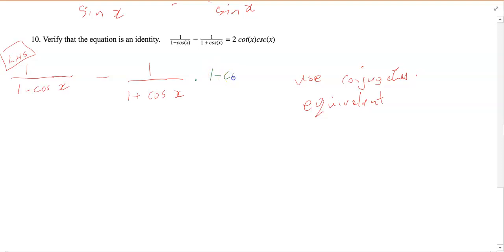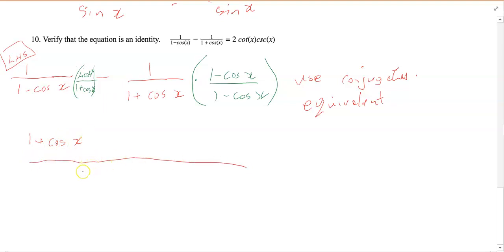Multiply the left fraction by 1 plus cos x over 1 plus cos x, and the right fraction by 1 minus cos x over 1 minus cos x. And so this will become 1 plus cos x, and the denominator will be 1 minus cos squared x.